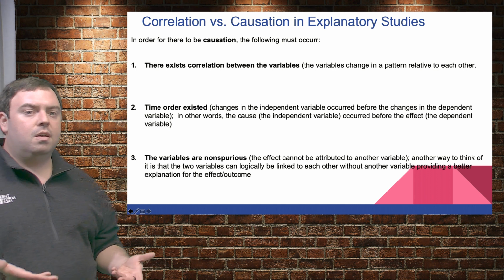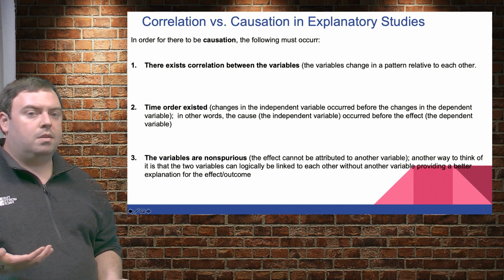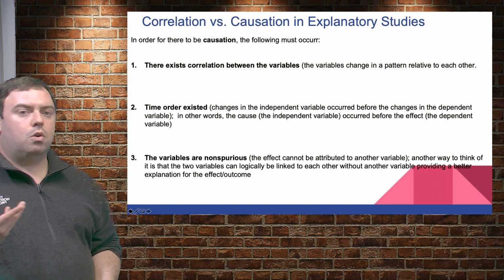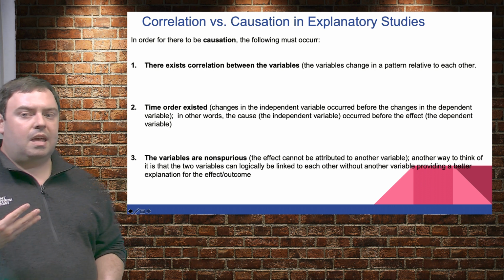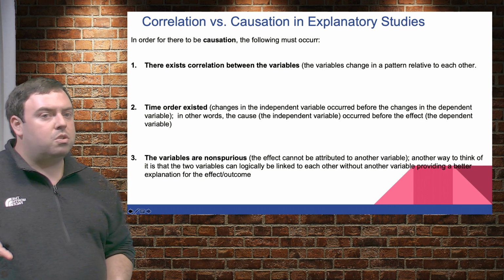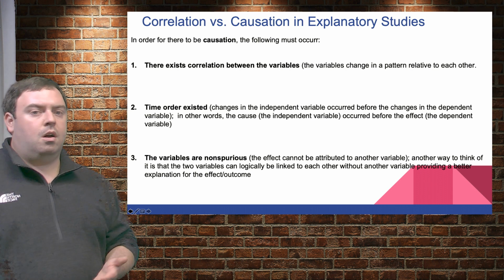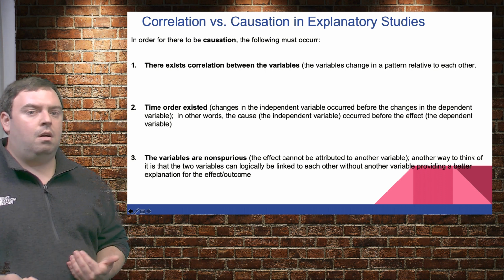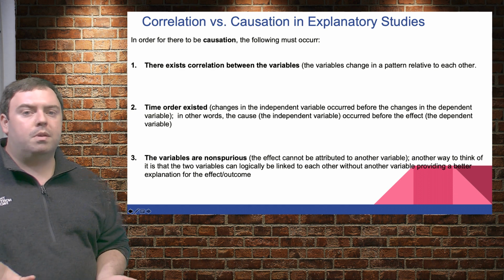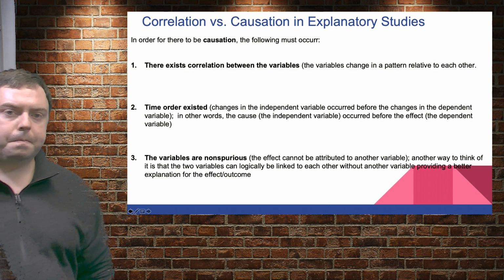The terms you use are very important. Use correlate, or say there's a relationship between the two, but saying that one causes the other, we can't do that in our class. Only experimental researchers can really do that effectively.